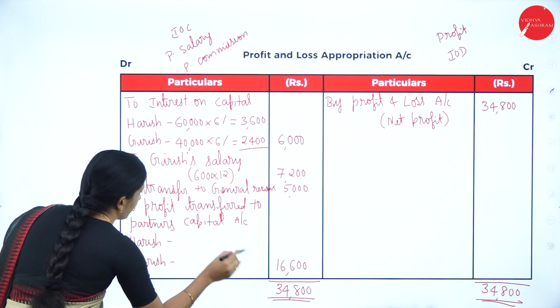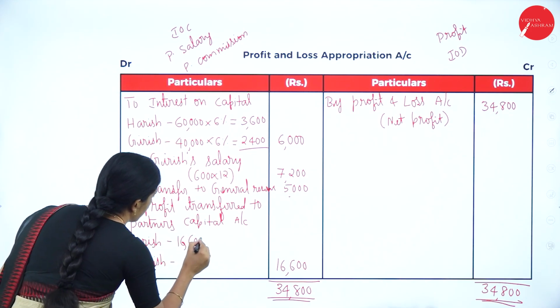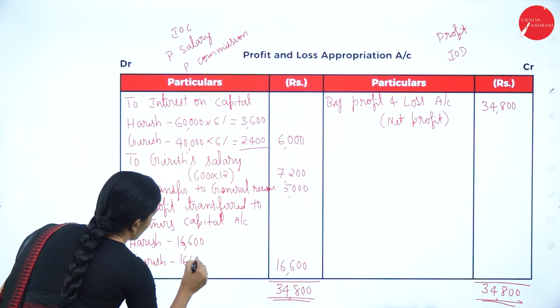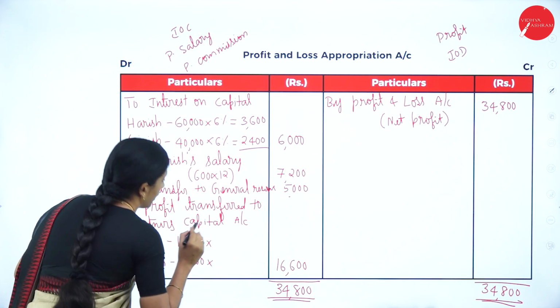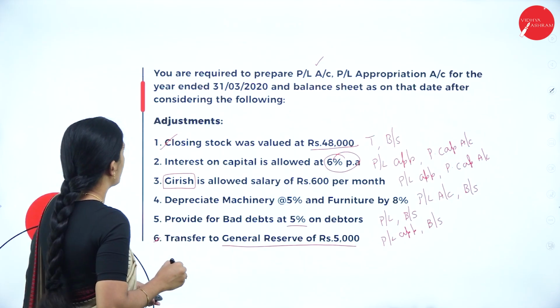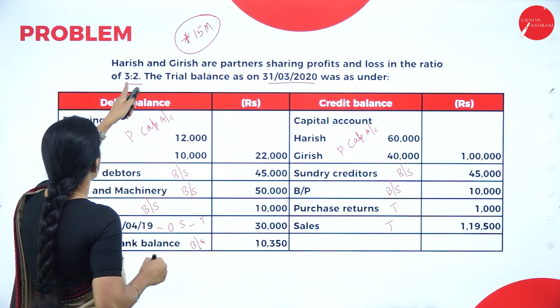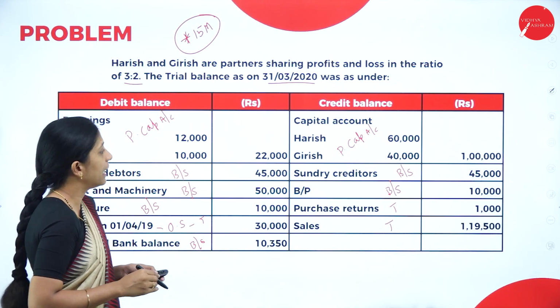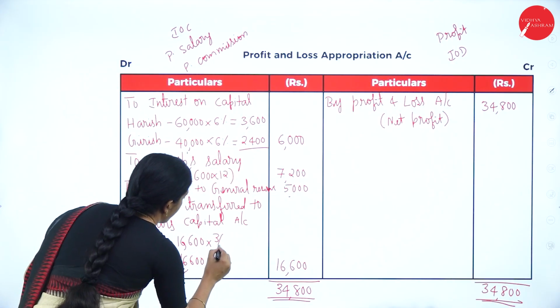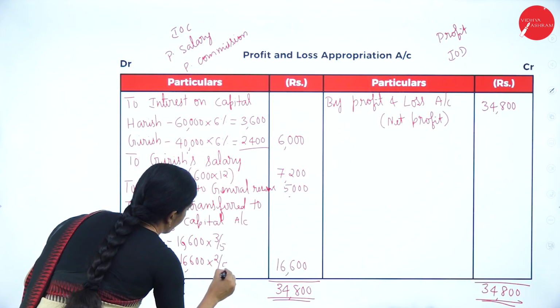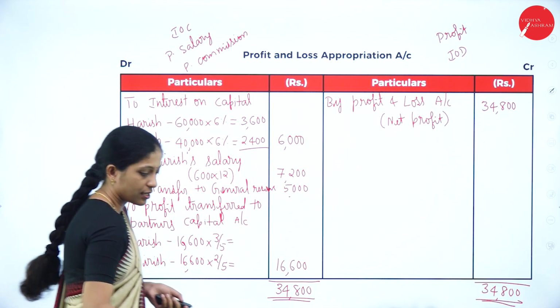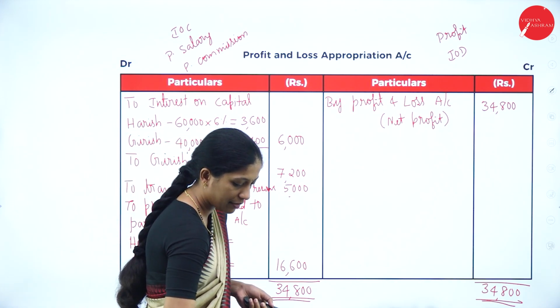So, what was the profit? 16,600 into their profit sharing ratio. So, they have given their profit sharing ratio, that is 3:2. So, it will be 3/5 and 2/5. So, 16,600 into 3 divided by 5.